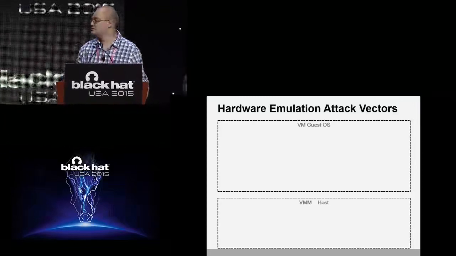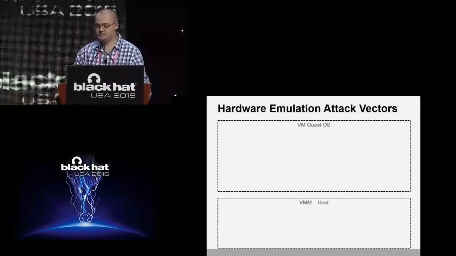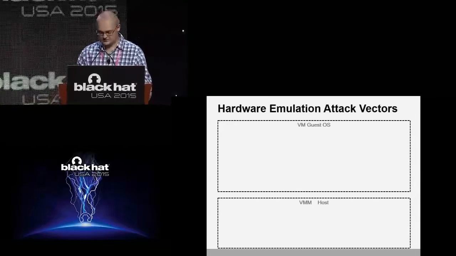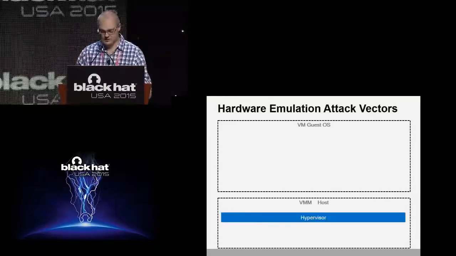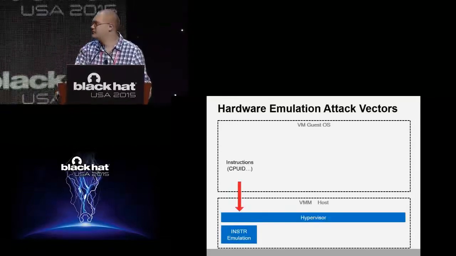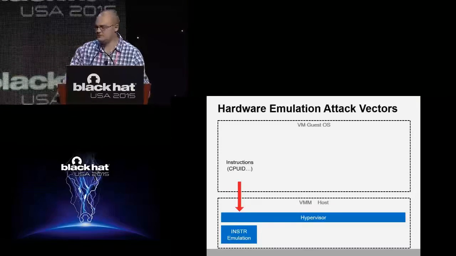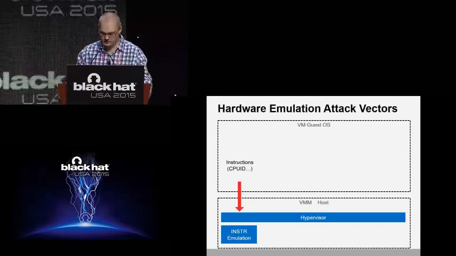So basically, as you know, VMMs emulate hardware resources to the guest. So let me describe a little bit what exactly VMMs emulate. And first of all, VMMs emulate instructions. So specific instructions cause a VM exit, and the VMM executes a specific flow to emulate these instructions, for example, CPUID.